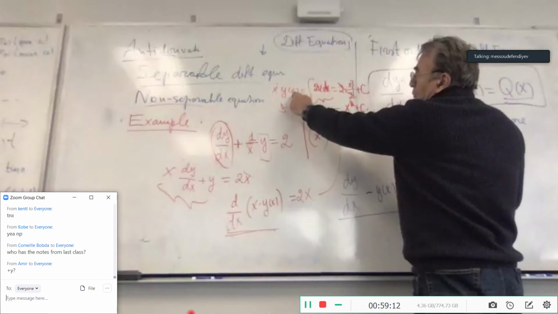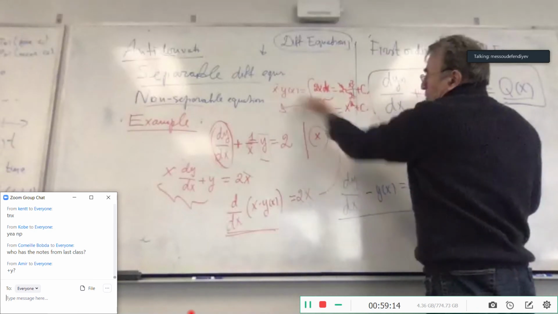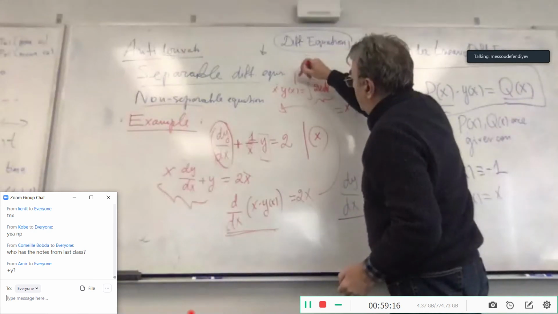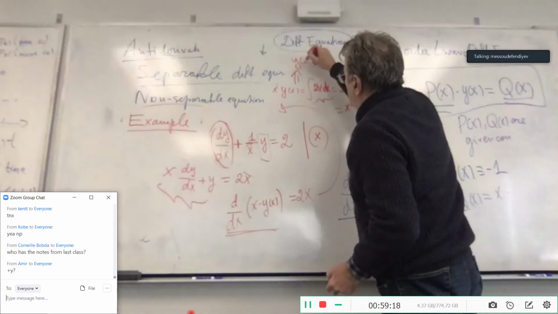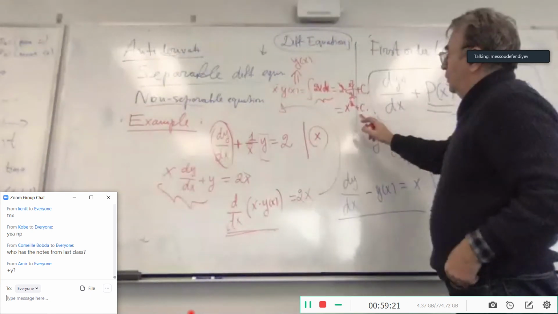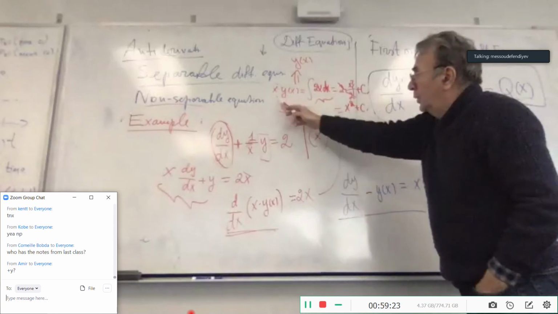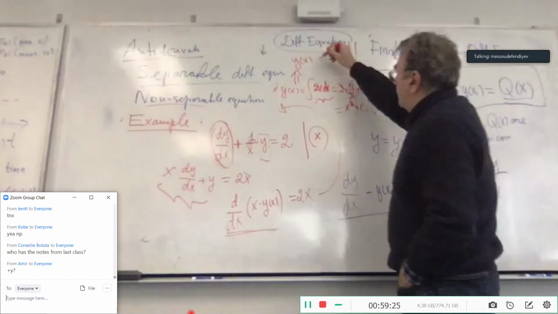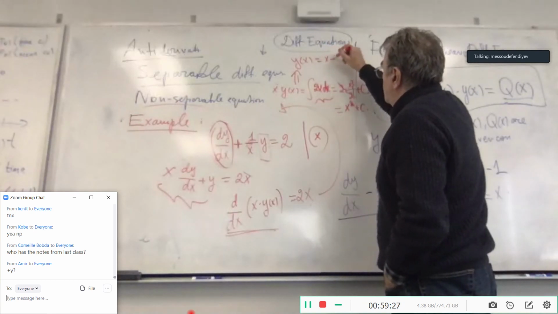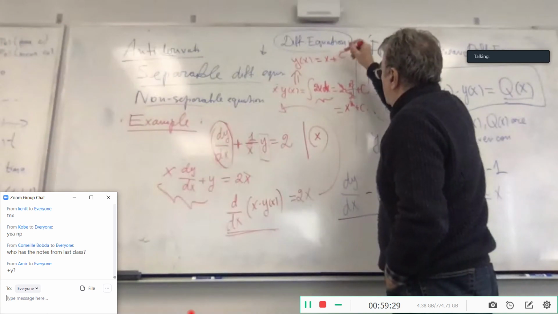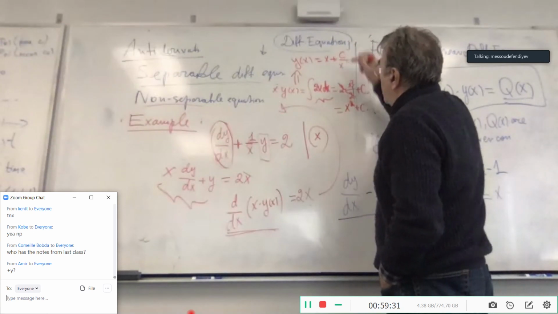Now my goal is to find y of x, so I divide both sides by x, and y of x is equal to x plus c over x, where c is an arbitrary constant.